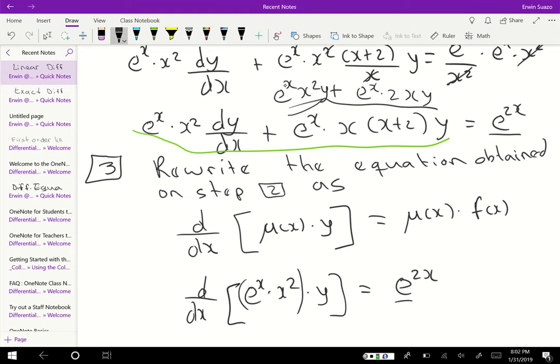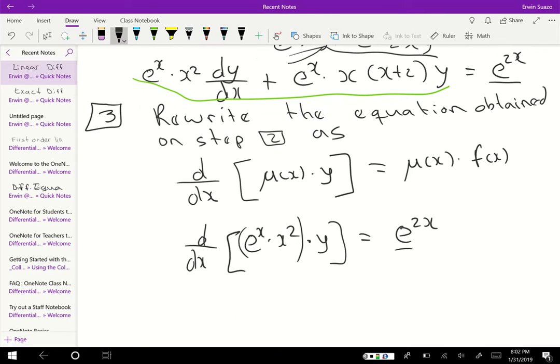And plus the derivative of the next one is e to the x times 2xy. So that's my second part. But it was a product, okay? So now I had to do e to the x times x squared times y prime. That's it. So I do it fast because I want you to double check. So this is indeed, these two things are fine. They are the same, okay? So I can keep going.